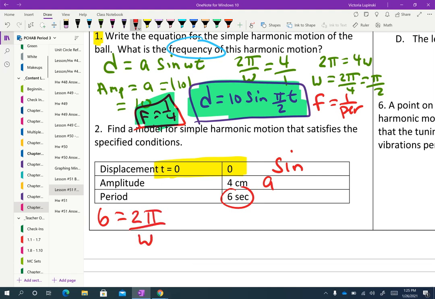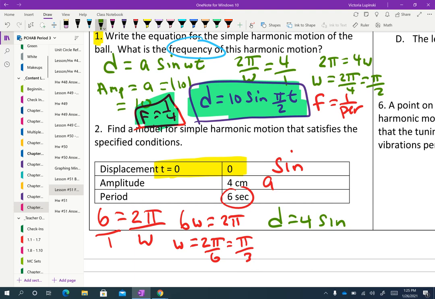Technically, it's 2 pi over b, but they're using w as their variable, and I don't really care what variable you use as long as you can get to the answer. So 6w equals 2 pi, so w equals 2 pi over 6, which becomes pi over 3. Putting all that information together, the displacement is equal to 4 times the sine of pi over 3 times t.